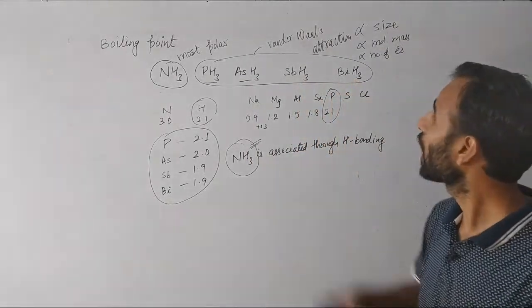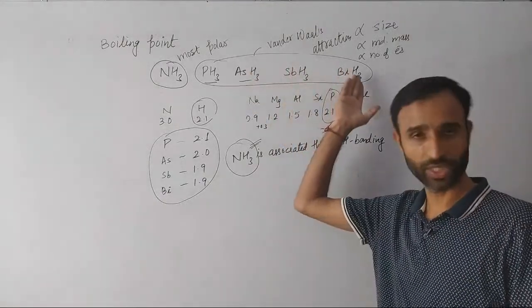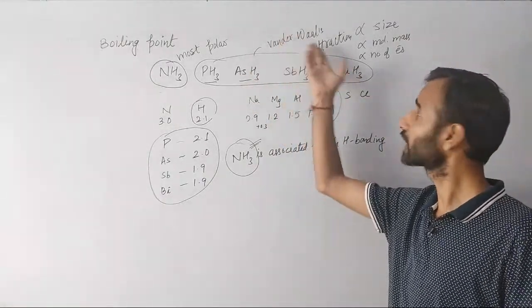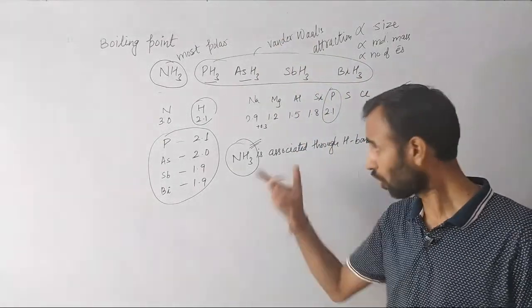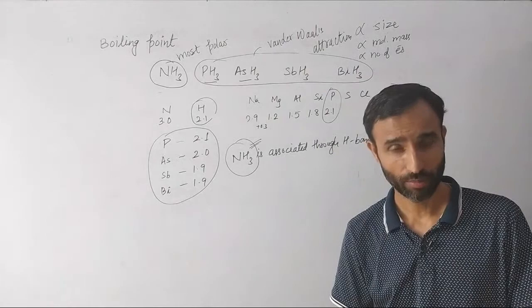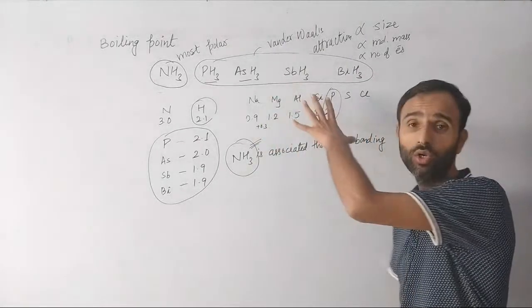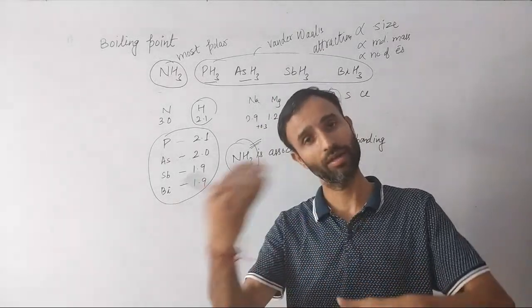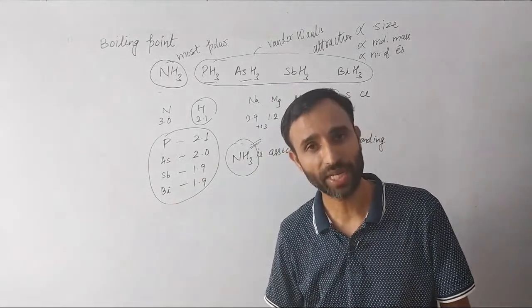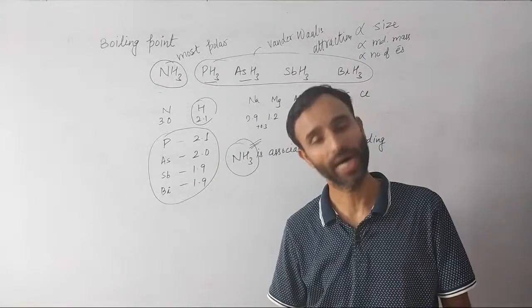Because as molecular mass increases, van der Waals attractions also increase. Though hydrogen bond is strong, if molecular mass is very high, van der Waals attractions can be of greater magnitude than that of hydrogen bonding.